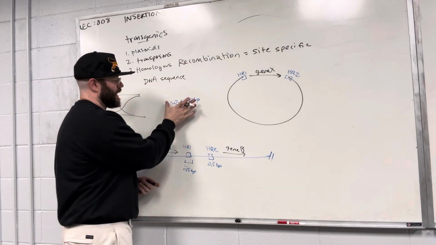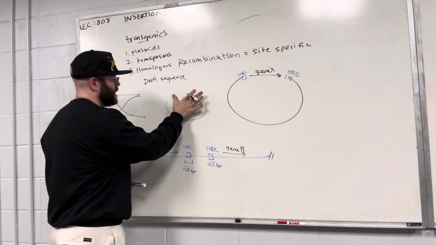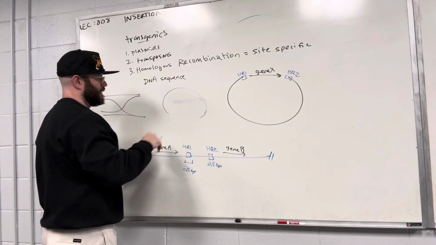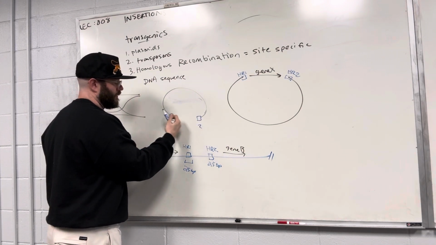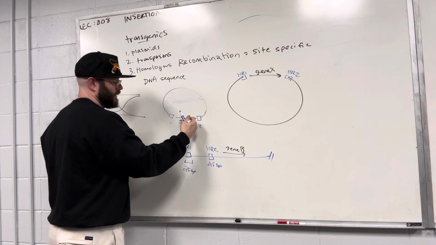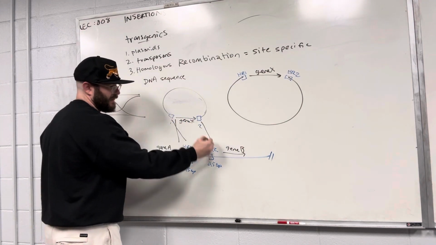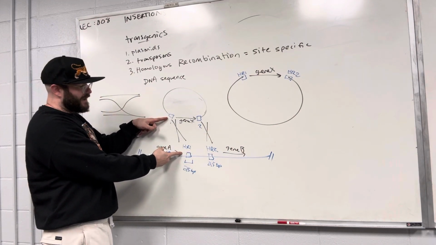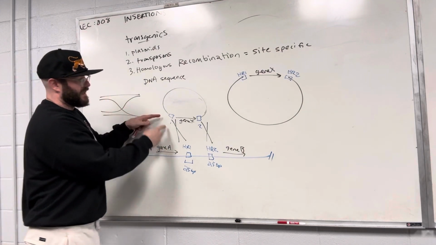So the symbol for recombination, the way that people draw it, let's say this plasmid was flipped. So I had 1, 2, gene X. The symbol for recombination is just an X. If you see this, that's implying that these two sequences are exactly the same sequence and they're creating a holiday junction, which then causes a recombination.